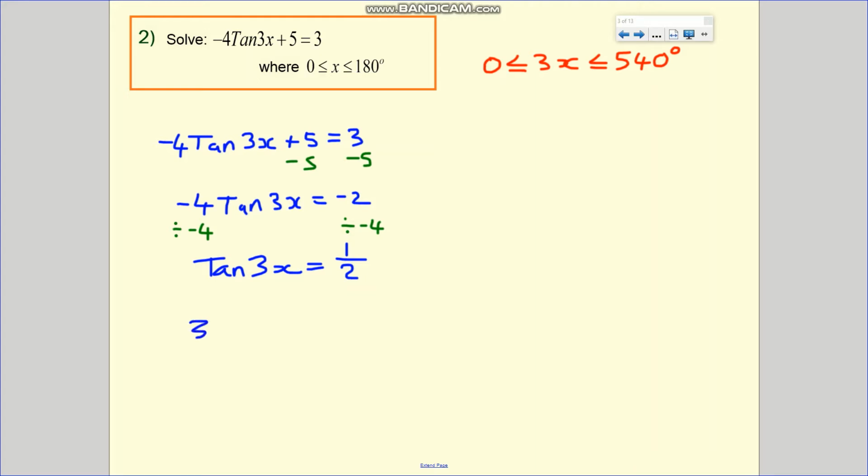So 3x is going to be equal to tan to the minus 1 of 1/2. Okay, just grab a calculator. Tan to the minus 1 of 1/2 is 26.565. I'll call that 26.57 to 2 decimal places.